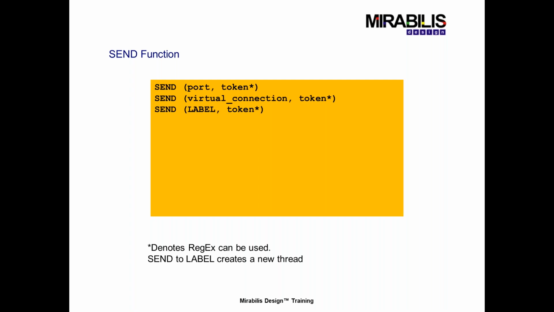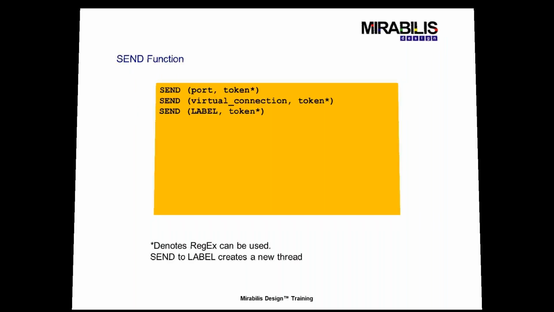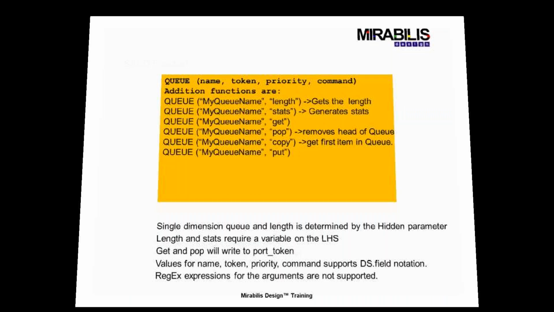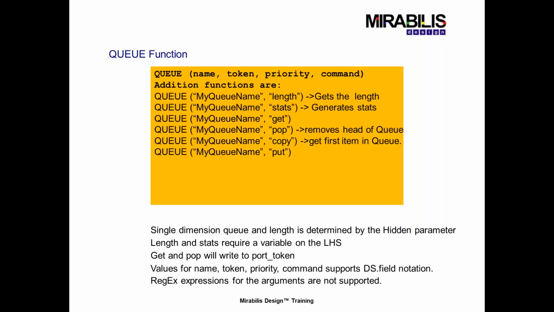The next one we have is the queue function. The queue function is essentially the ability for you to create a queue in the block, and it takes 4 parameters. The first is the name of the queue, and the data structure you want it to take. Now, at this point, I want to stop a little and talk about a concept called port token. The currently executing data structure, the one in the line of code which is executing, is called port token.